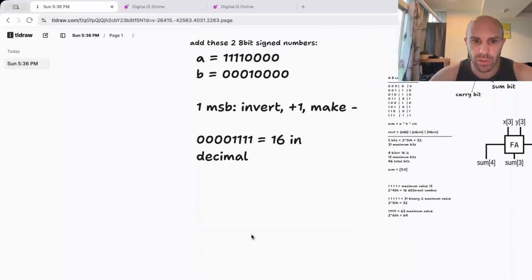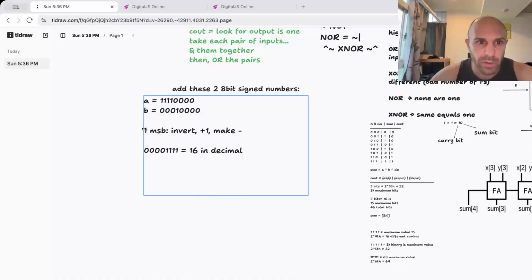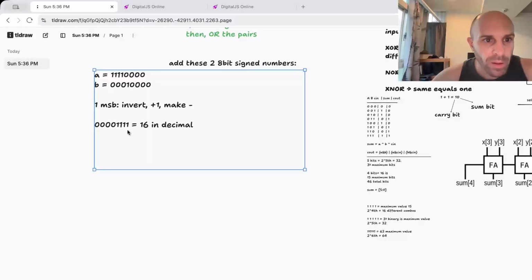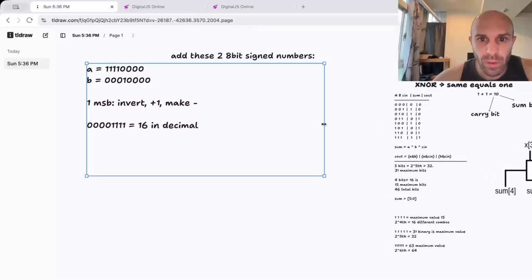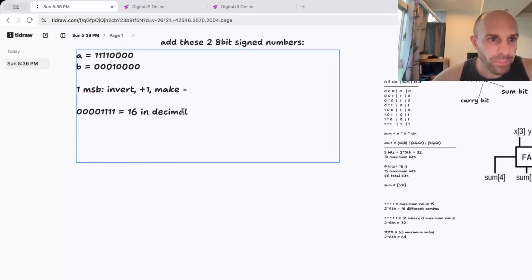Let's make this smaller. So yeah, that's 16 in decimal.